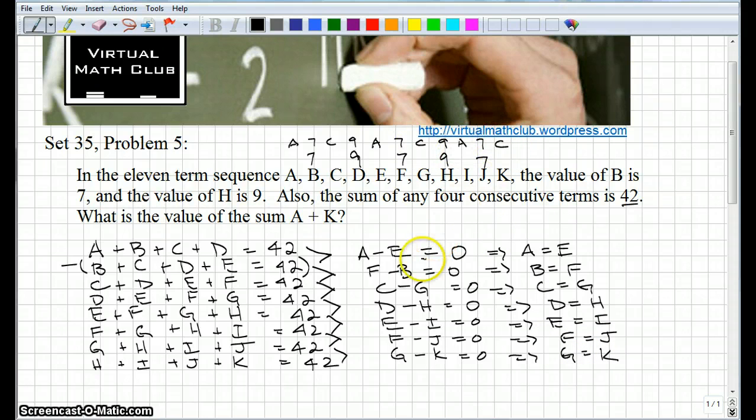Now we're looking for A plus K. But now we know that A plus K is the same as A plus C, right?